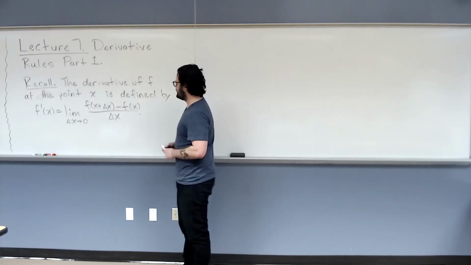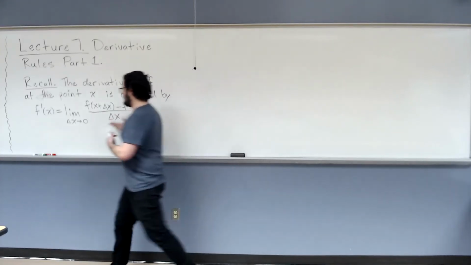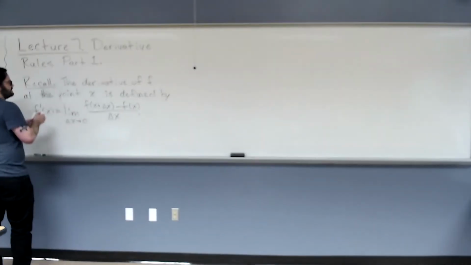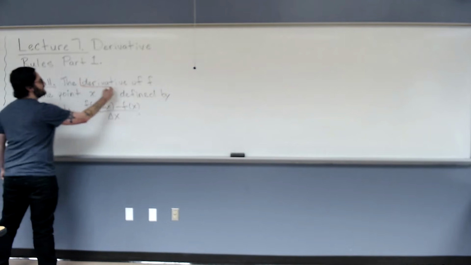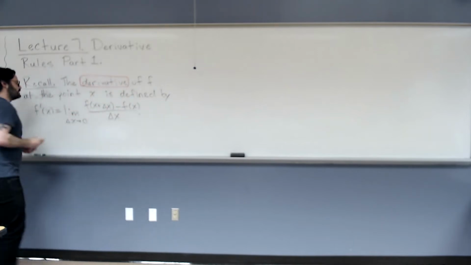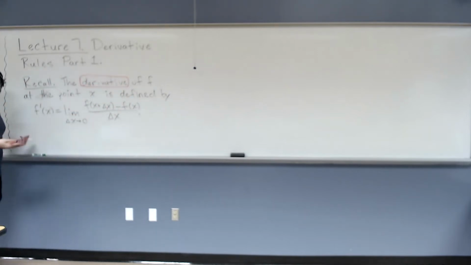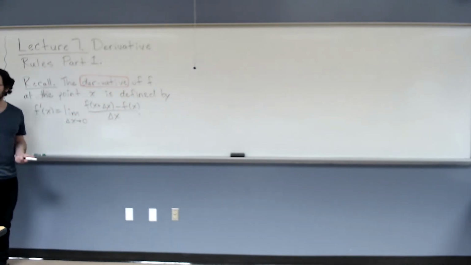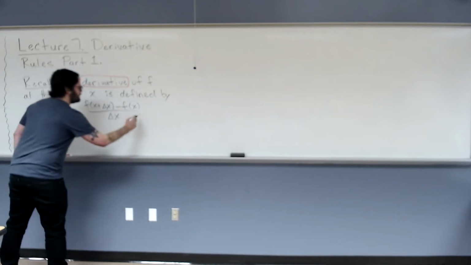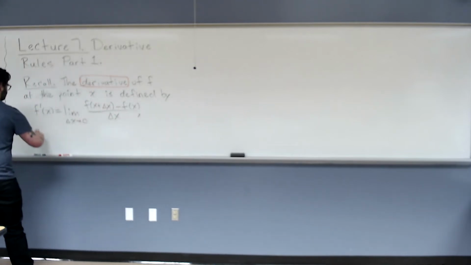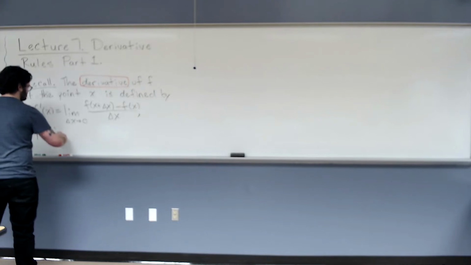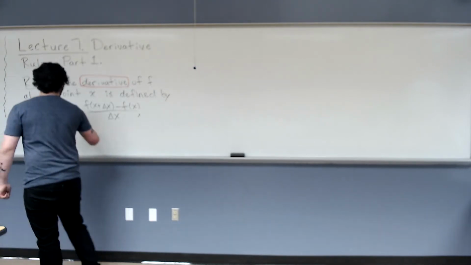Now, this derivative is defined by this limit, which means that in order for the derivative to be well defined, this limit has to exist. Right? So I should probably say provided this limit exists.